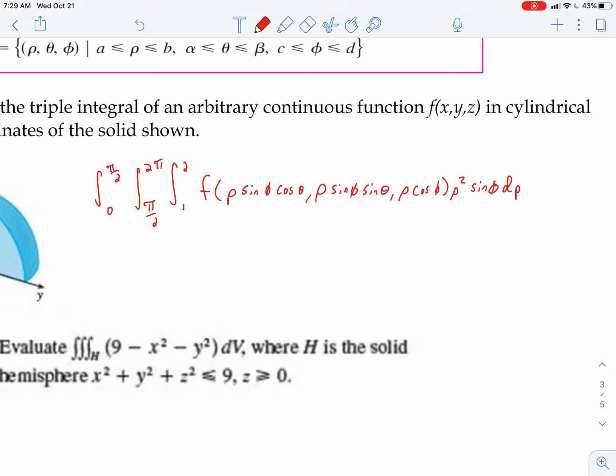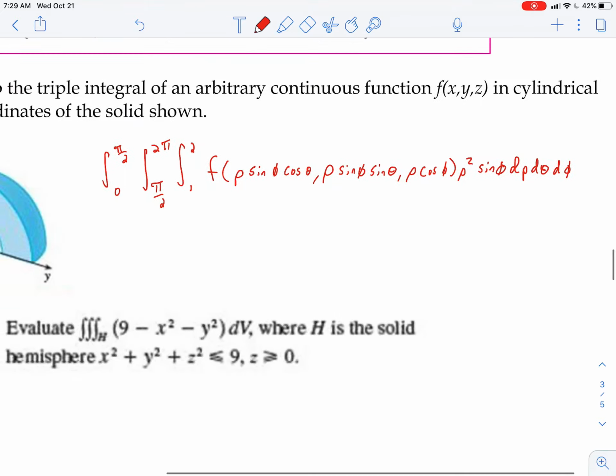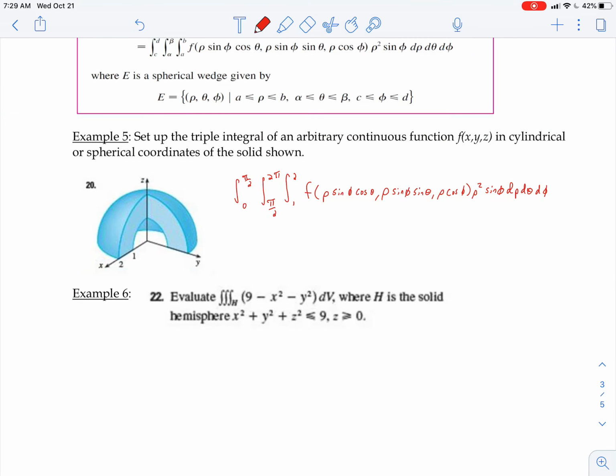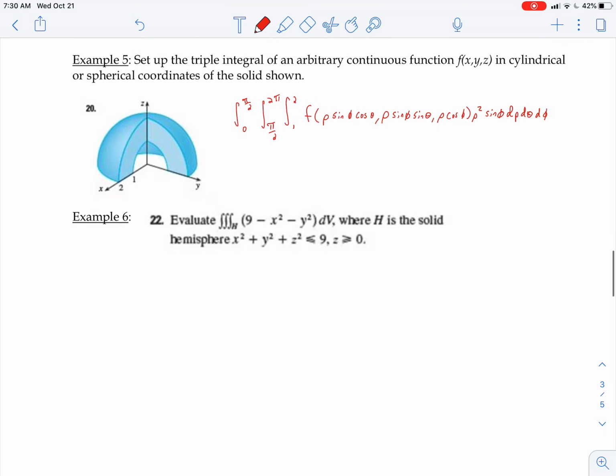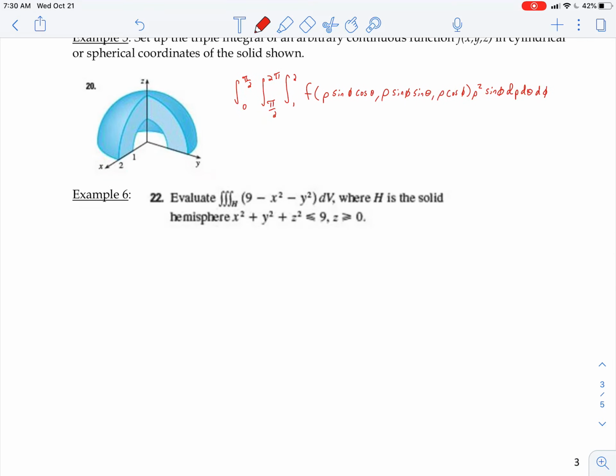Then rho squared sine phi d rho d theta d phi. All right, and that's all it takes to set that up. Working in spherical is going to be so much easier than working in rectangular when we're trying to integrate these.